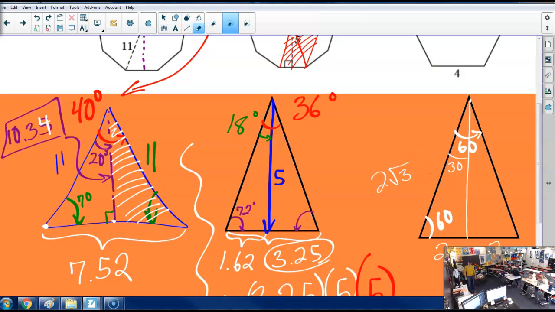Wait, is it the height that's 2 radical 3 or the hypotenuse? It's the outside that is double. And the height is... So double, that'd be 4 where you put the 2 out. No, the height. No, the hypotenuse is... The height is the height double. Look, the hypotenuse is double because that's half the triangle. If the hypotenuse is double, then... Which is bigger, 4 or radical 3 times 2? 4. You tell me, what's radical 3?